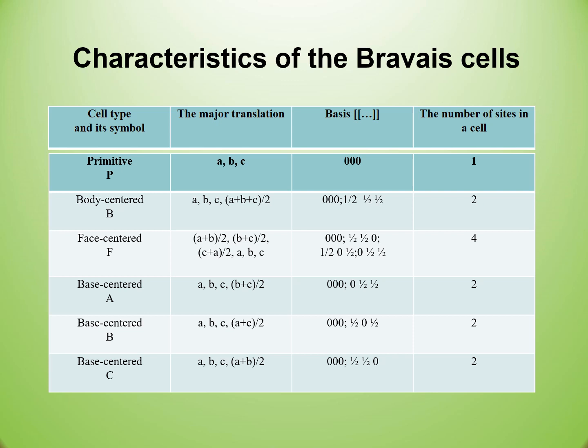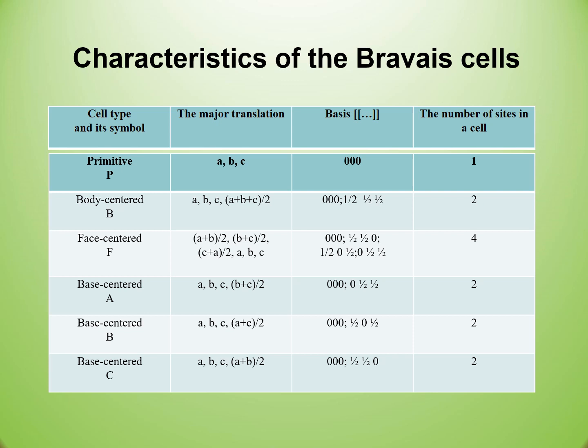And the number of sites in a cell equal to 2. Face-centered, you can see the translation group is more difficult: 0, 0, 0, and 1/2, 1/2, 0, and so on. And the number of sites in a cell 4.